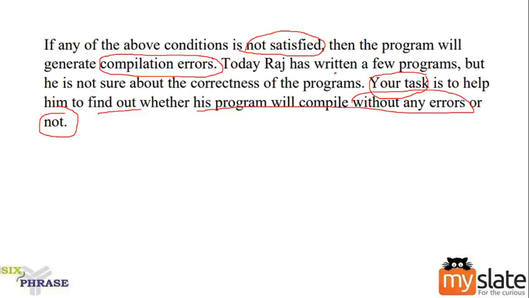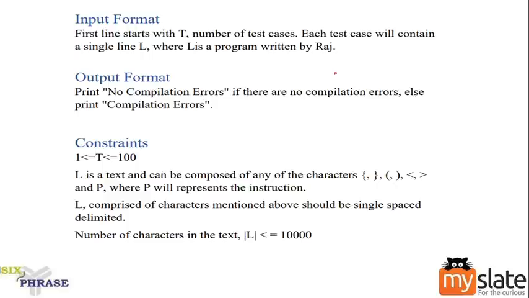All right. Now take a look at the format. Input format. First line starts with T. T indicates the number of test cases. Each test case will contain a single line L, where L is the program written. So we are not just going to deal with one line of program. We will have multiple lines of program. If I give you three lines, for example, the T value is 3, and we will have three lines of input.